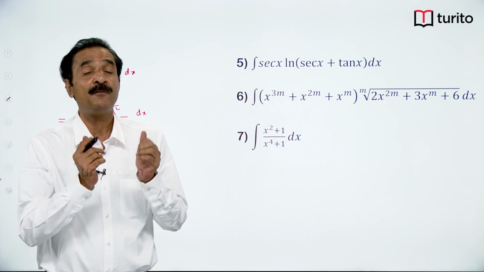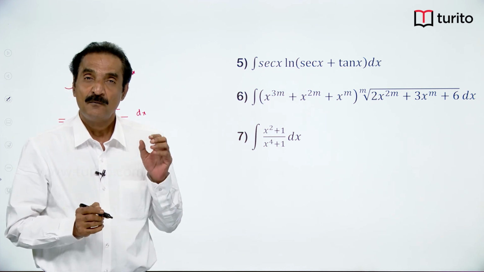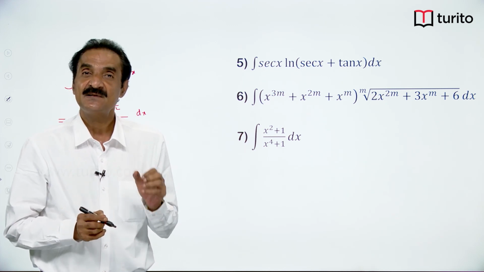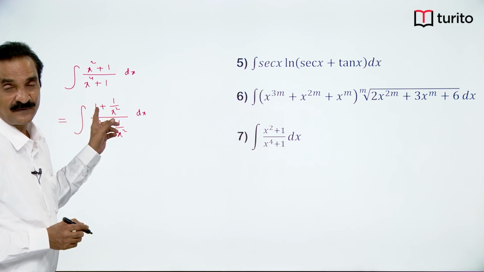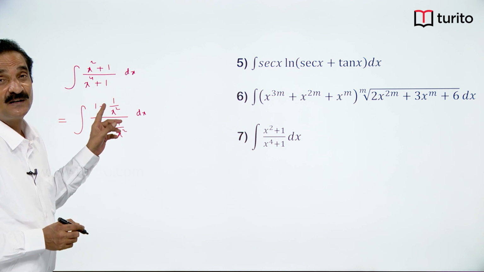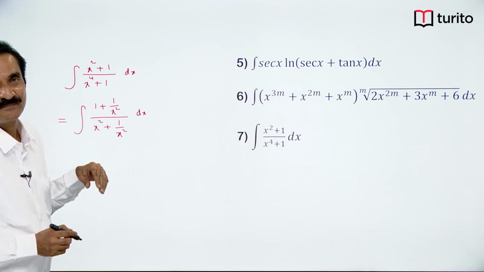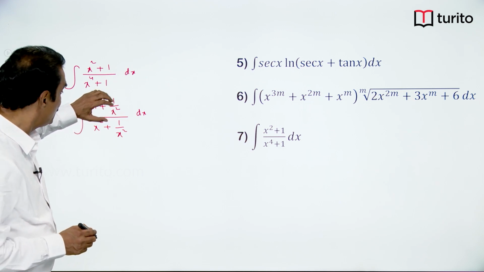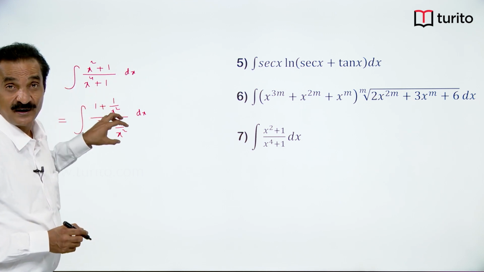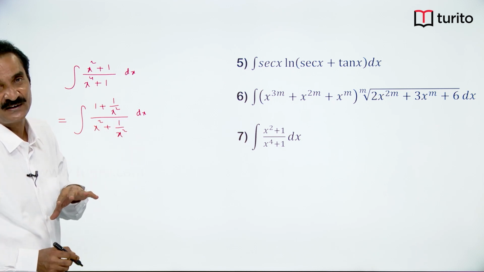It is the derivative of what? 1 plus 1 by x square is the derivative of x minus 1 by x. 1 is the derivative of x. 1 by x square is the derivative of minus 1 by x. Since this is the derivative of x minus 1 by x, we try to write the denominator in terms of x minus 1 by x.